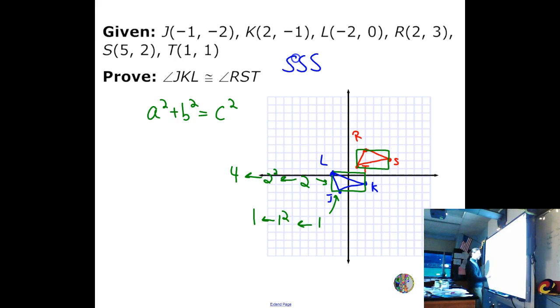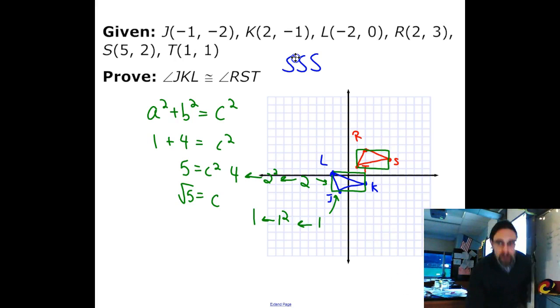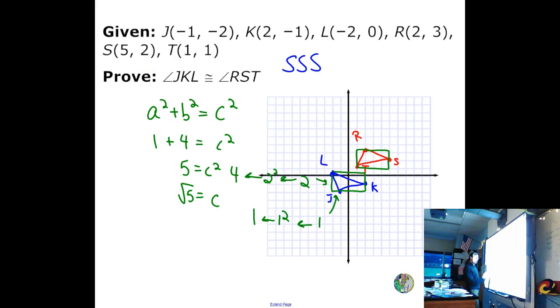So really what I'm saying is a squared is 1, b squared is 4, c squared, if I add them together, is 5. 5 equals c squared, so therefore c equals the square root of 5. What we need to do is do this Pythagorean theorem for each side of both triangles, and that's a way to prove that the lengths are indeed the same. Okay, so to conclude, the length LJ equals the square root of 5.